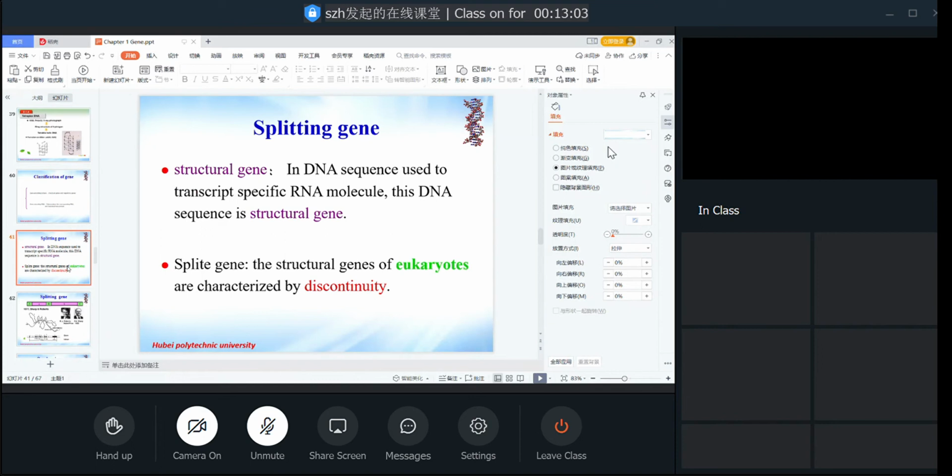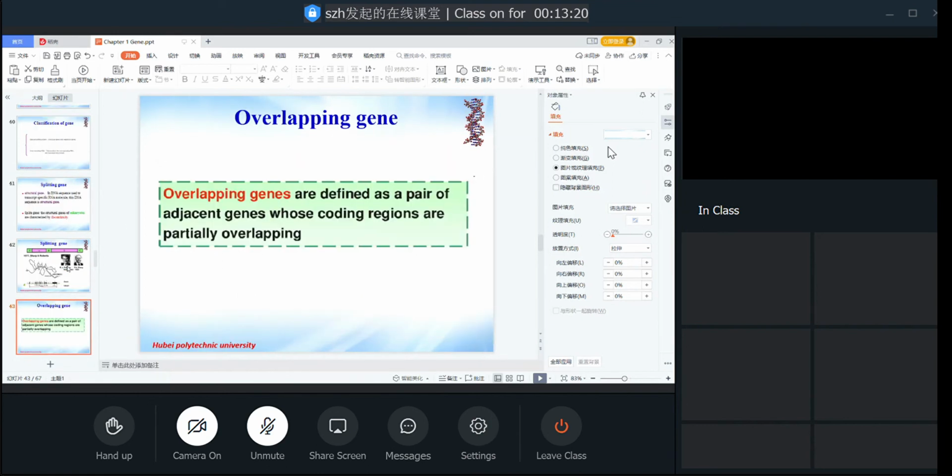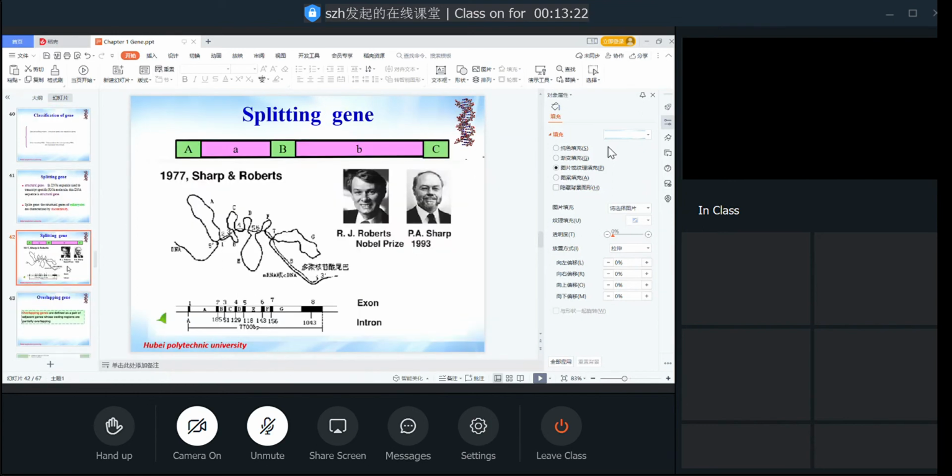And here, the exception must also be remembered: in eukaryotic organisms, the histone protein coding sequence is continuous. Okay, two definitions: the first, structural gene, and the second, splicing gene.